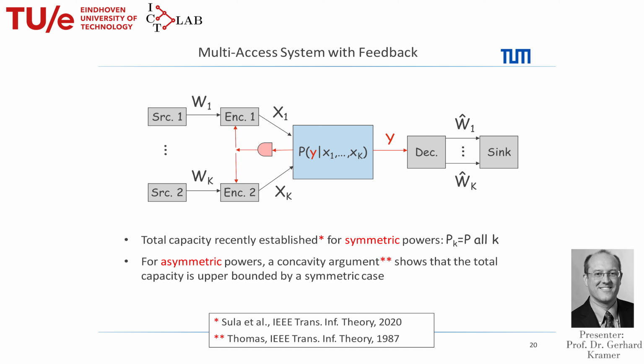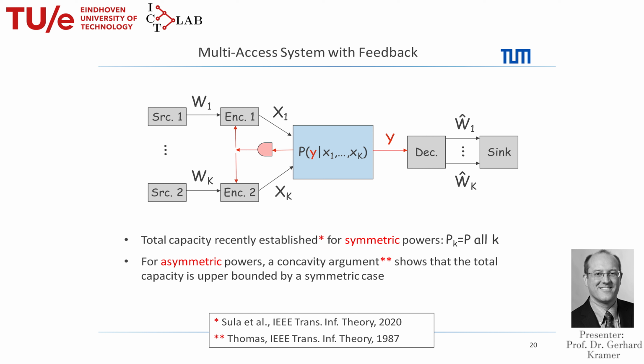So if we now add feedback to all the terminals to get an understanding of what's the best you could do with feedback, then it turns out there was a recent paper just from last year that established this capacity if all transmit powers are the same. It's a young man, Erixon Sula. He was a student of Michael Gastpar's at EPFL and is now doing a postdoc at MIT with Yury Polyanskiy, I think.